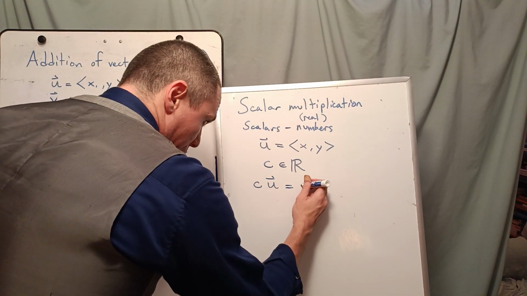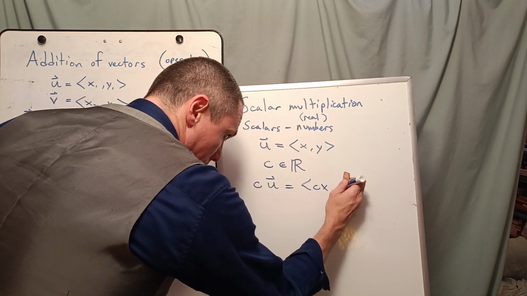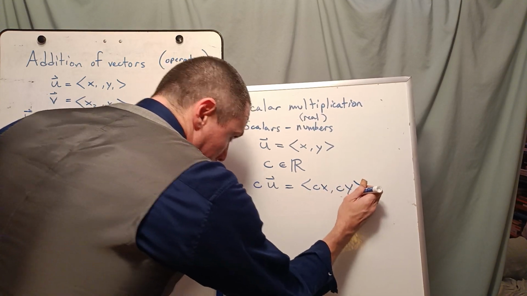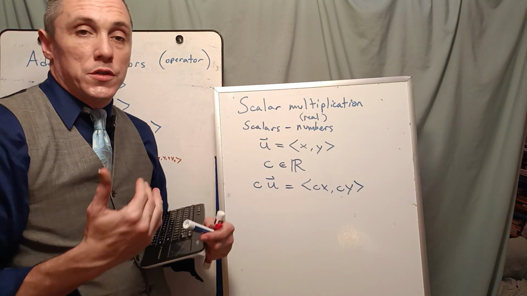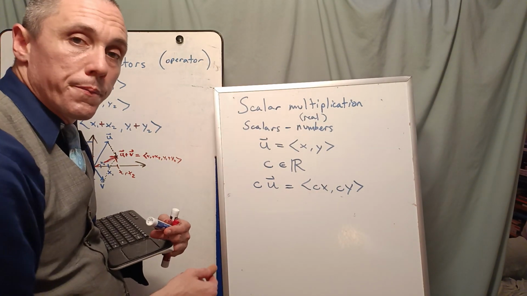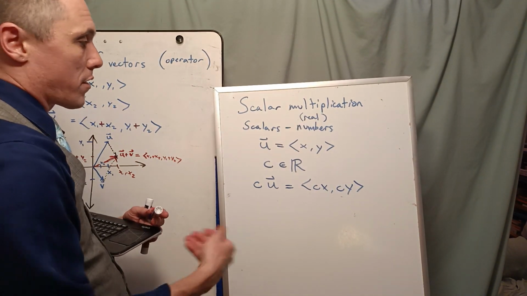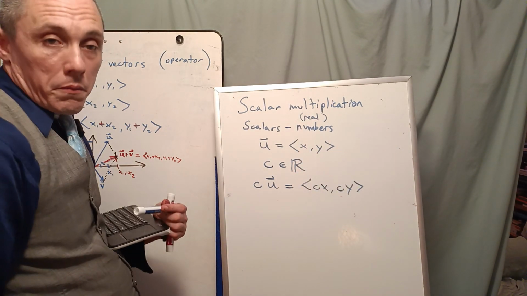Well, this is just going to be in component form, c times each component. Again, we're trying to do the simplest thing we can to extend our notion of algebra to a question about, what do we do with lists of numbers now? And in the case of, well, I multiply by a number, what's the easiest thing we could do? Multiply the whole thing.